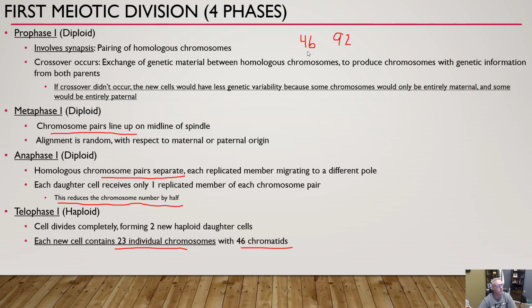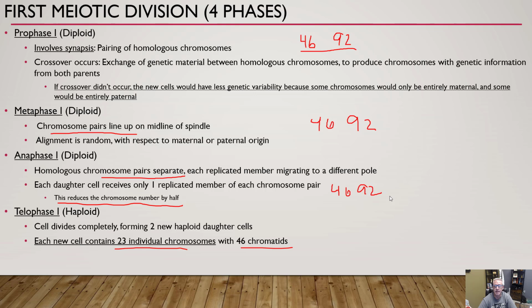So in prophase 1, we have 46 and 92. The same with metaphase and anaphase: 46 and 92.